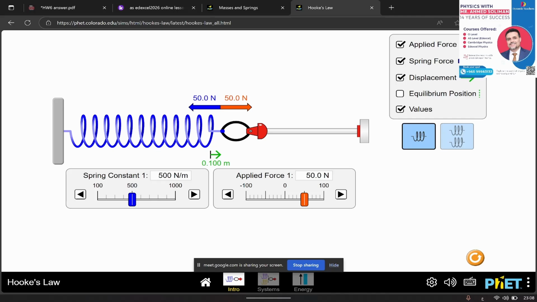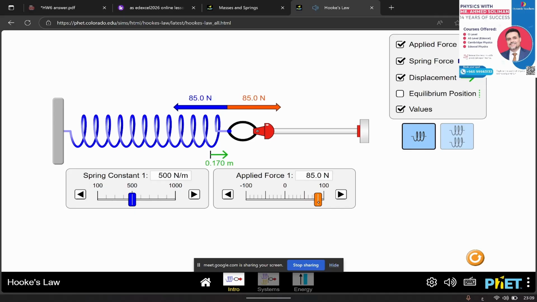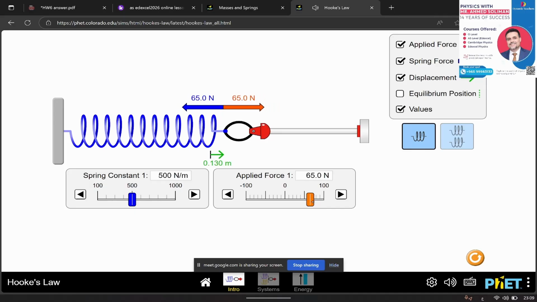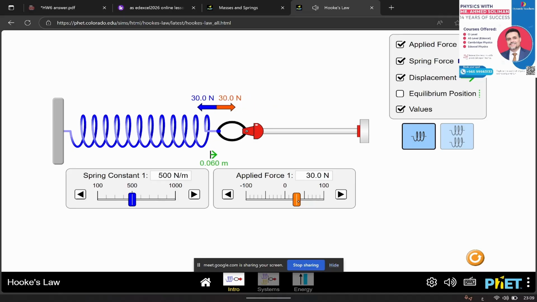We call this elastic force. So the elastic force equals the applied force, as you see. As we increase the applied force, the elastic force increases. As we decrease the applied force, the elastic force decreases.